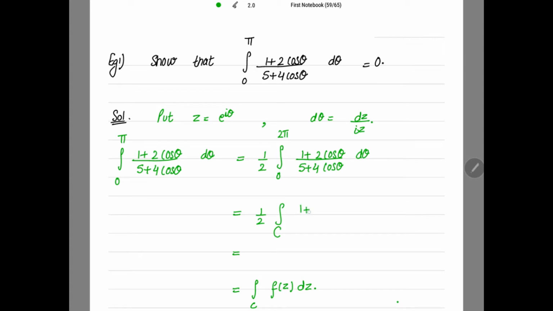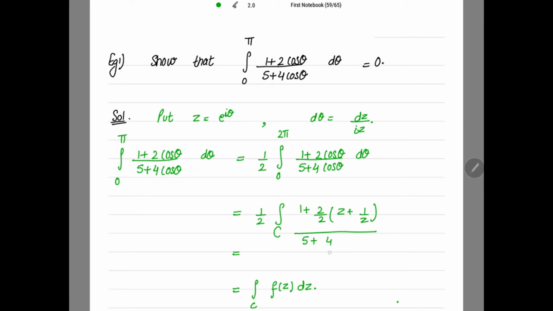So this is 1 plus 2, and instead of cos theta, what do we have? 1 by 2 times z plus 1 by z, because cos is equal to this in terms of z.